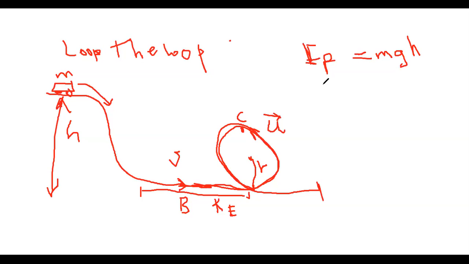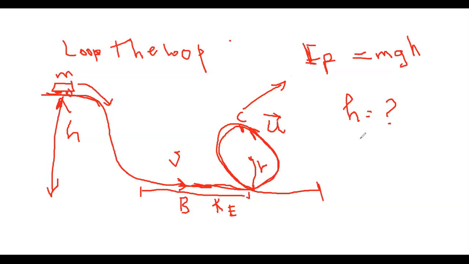Next time we are going to solve this problem. So the point here is to determine the height you should give to the cart or your ramp, okay, in order for this cart to pass here and not go off if it reaches the point C. So how to do that?